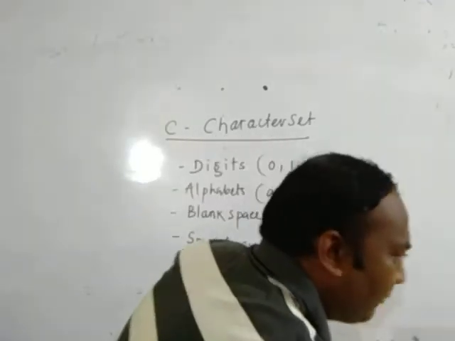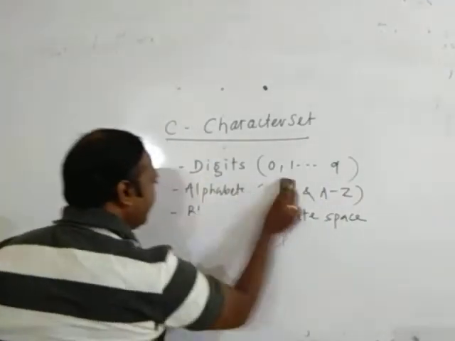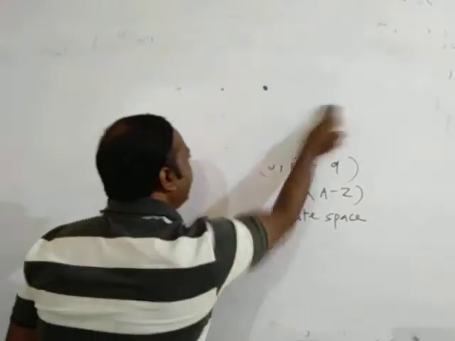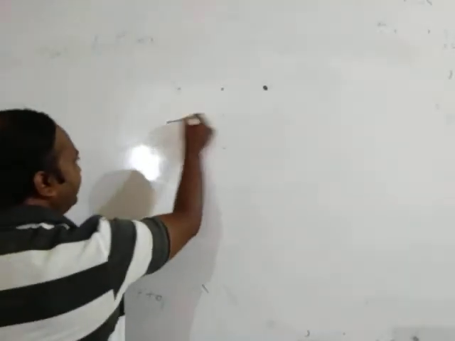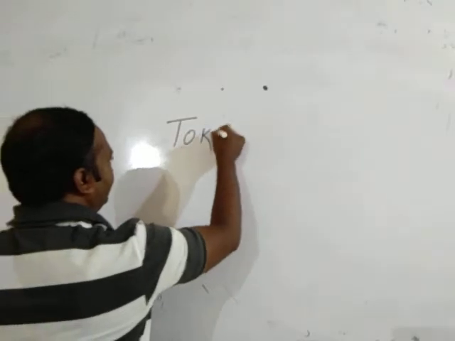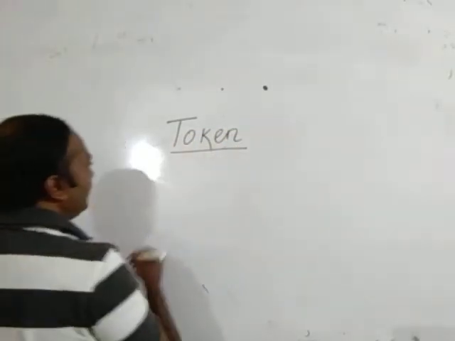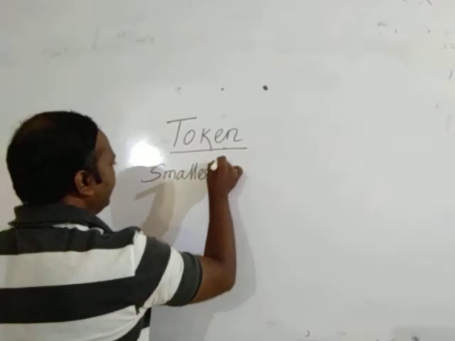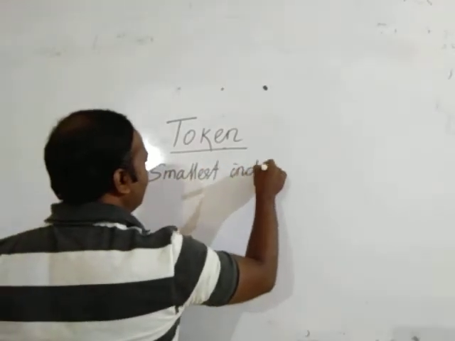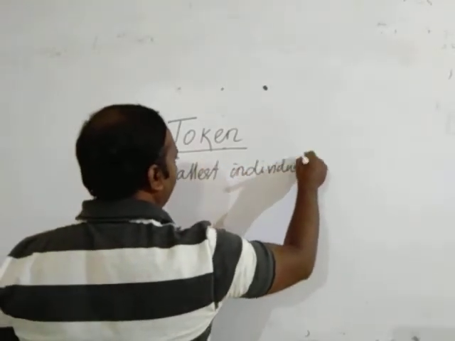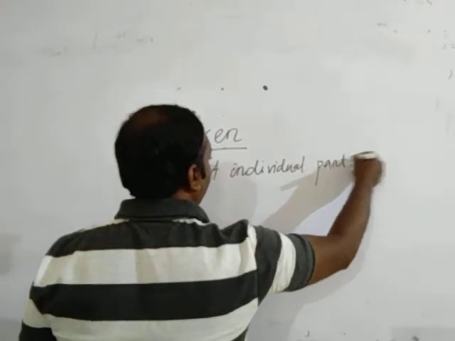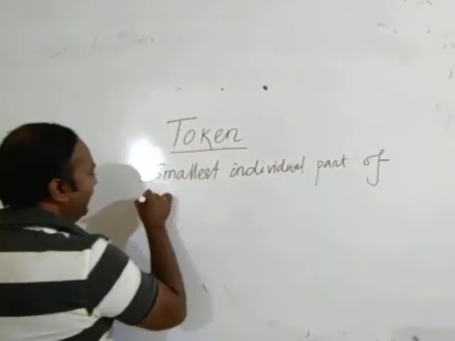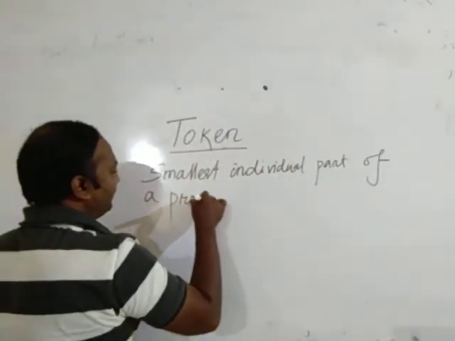Next we'll go for what is a token. Token is known as the smallest individual part of a programming language.